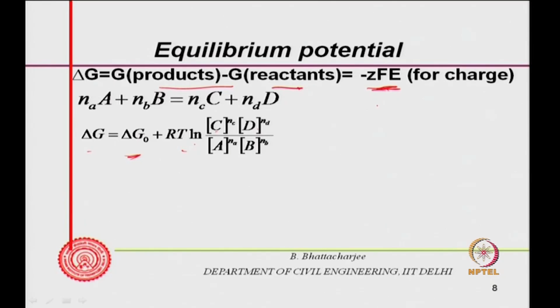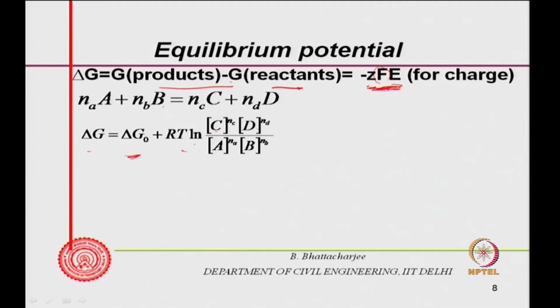You remember the potential is basically the energy on one charge, and Z is the number of electrons transferred, or the valency of the species that is taking part in an electrochemical reaction. F is the number of coulombs of charge associated with 1 gram mole.